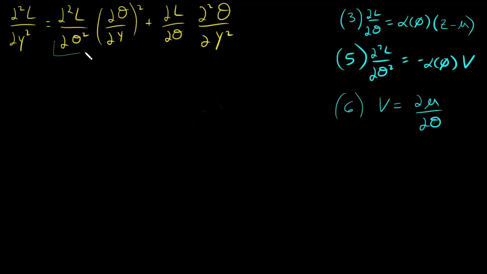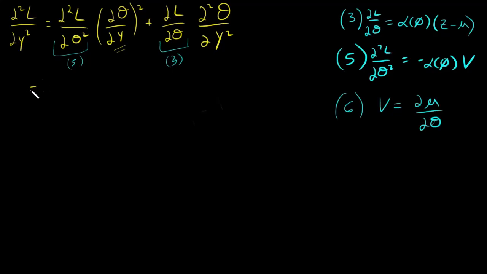So this piece here, let's go ahead and plug in equation 5, which we've already discussed, and equation 3 here. You can go back earlier in the playlist if you want to see why these two are true. Okay, and then I think I'll use the chain rule here and expand this piece as well.